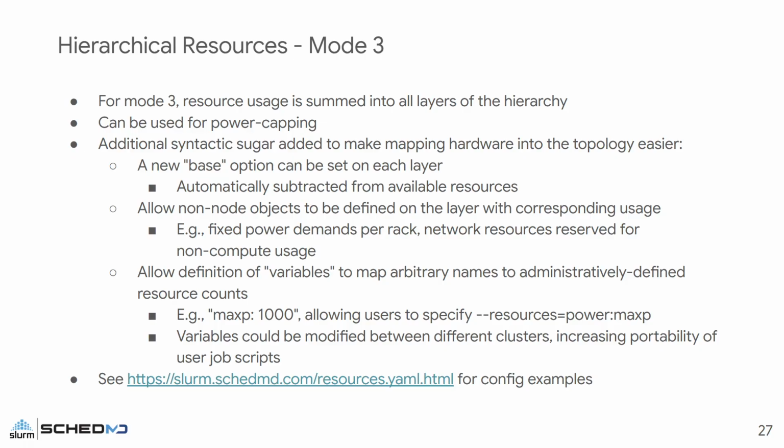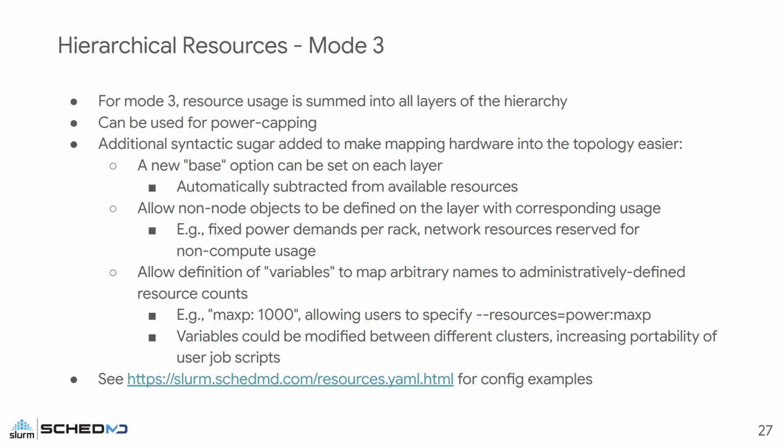This is specifically intended to do sort of power capping, being able to define layers that correspond to your rack, your aisle, your data center, and say that at this layer this is the amount of headroom we have, this is the amount of consumable resource we have there, and then let Slurm factor that in as it schedules all the workloads and make sure that we're not oversubscribing the power demand.